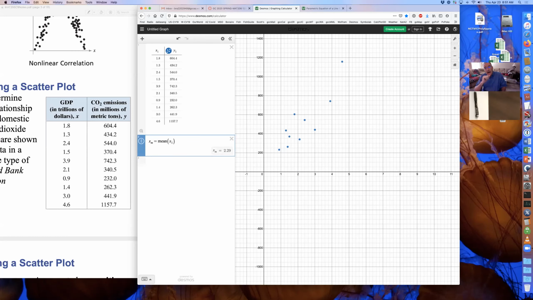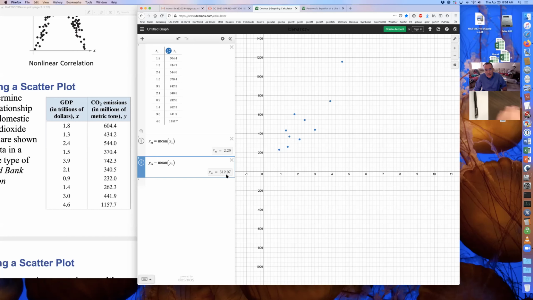So we get the average x is 2.29, and the average y, I'm going to call it y sub m just so I can refer to it later, is the mean of the y values. So the mean of the x's is 2.29, and the mean of the y's is 512.97.